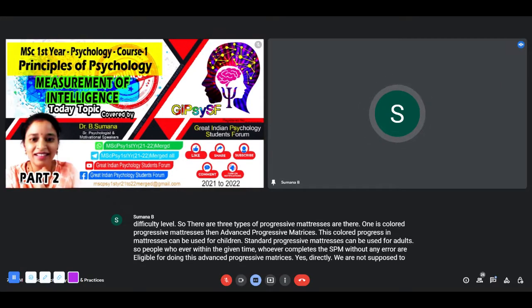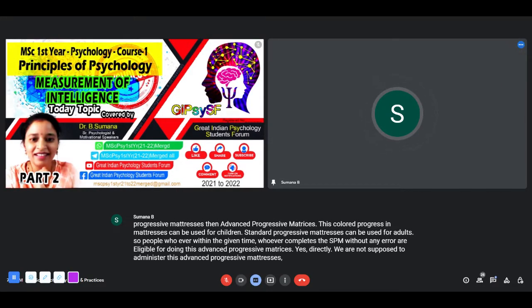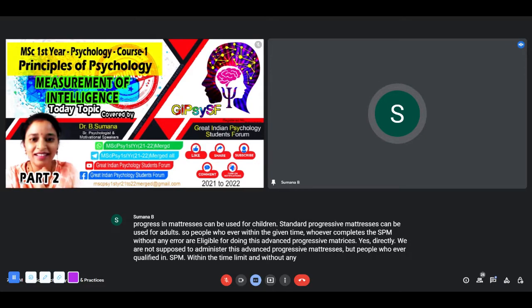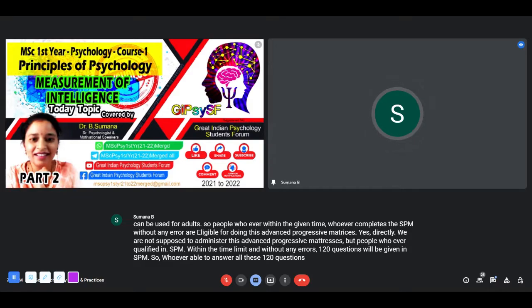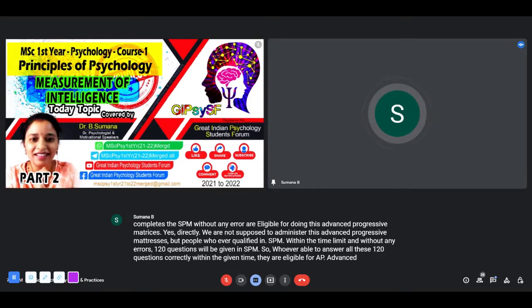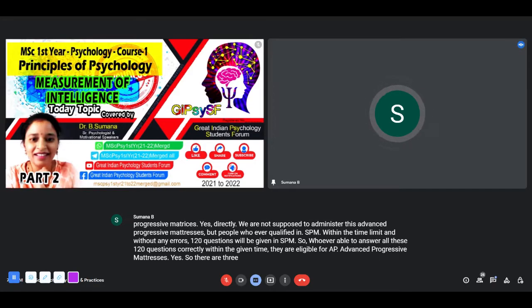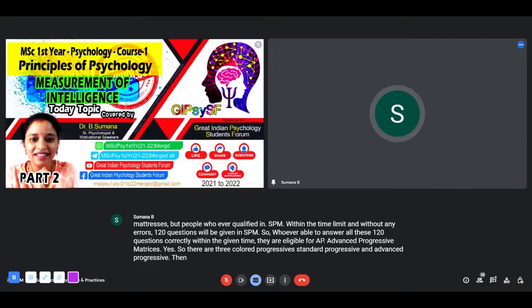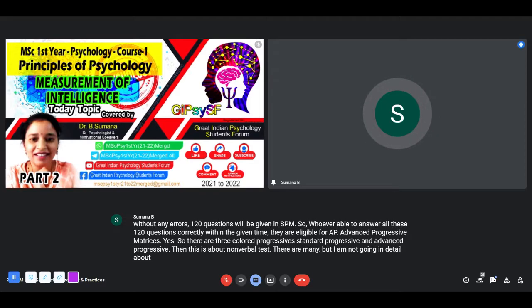We are not supposed to directly administer the advanced progressive matrices, but people who qualify in SPM within the time limit and without any errors, out of 120 questions, are eligible for it. So there are three: colored, standard, and advanced progressive matrices. This is about non-verbal tests. There are many, but I'm not going into detail about all of them.